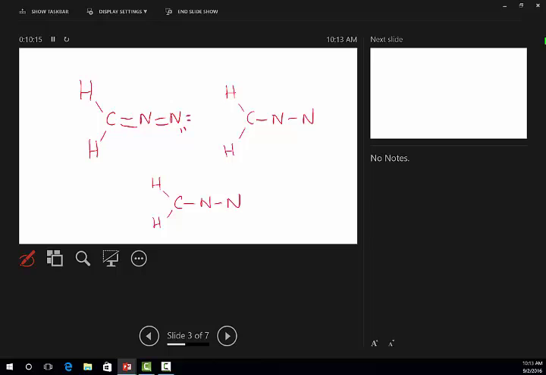Not on the middle nitrogen. Any formal charges? Okay. There's one resonance structure. Does that look good? Anybody have another one?